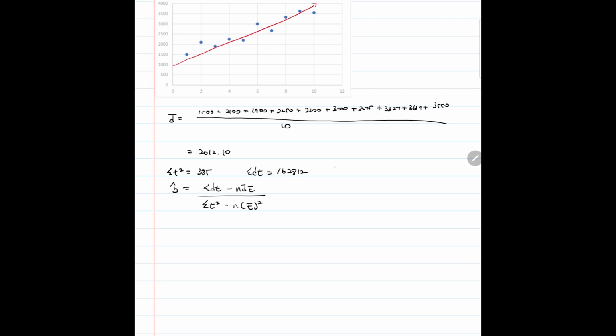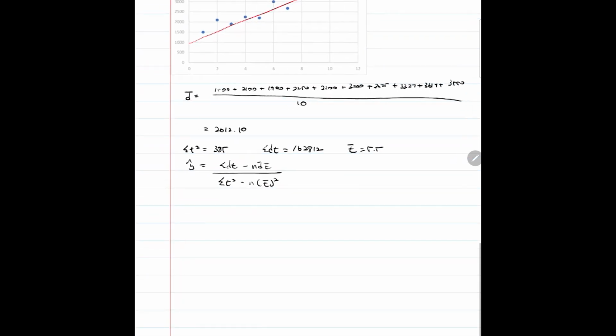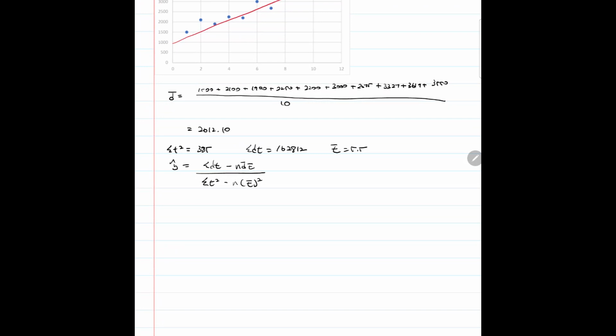Okay, we don't have a t bar here. So t bar is gonna be 5.5. Okay, we have all the numbers, so let's plug this in.